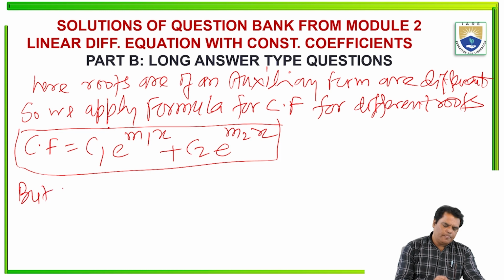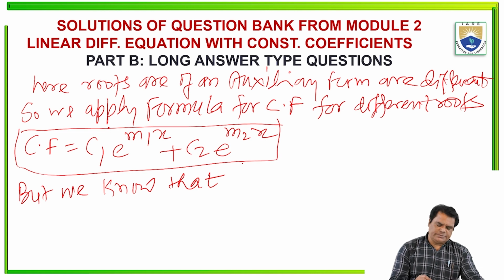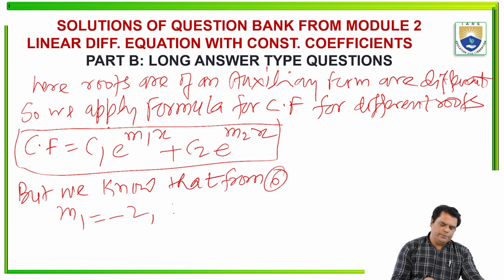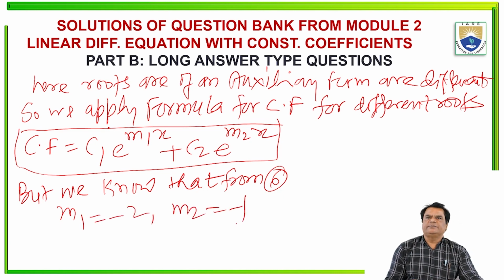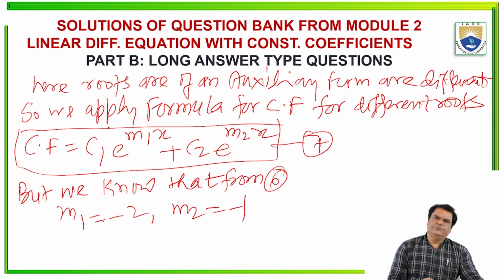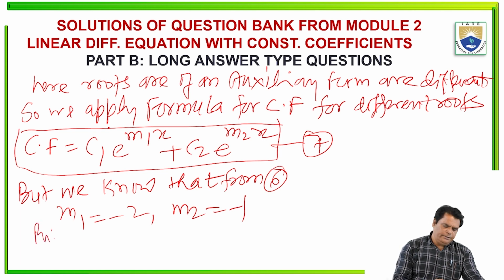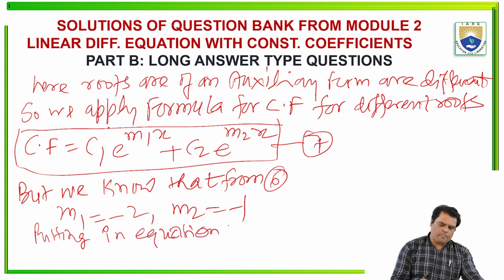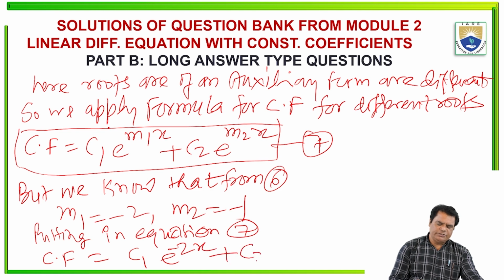But we know that from equation 6, m1 is minus 2, m2 is minus 1. Putting these values in equation 7, then CF is C1 e to the power minus 2x plus C2 e to the power minus x.